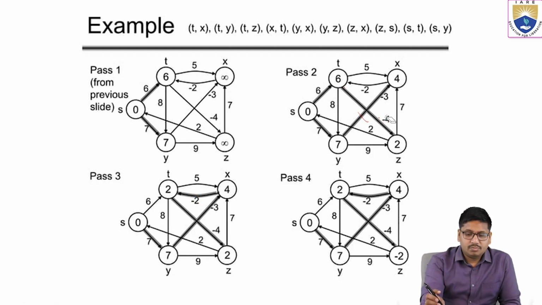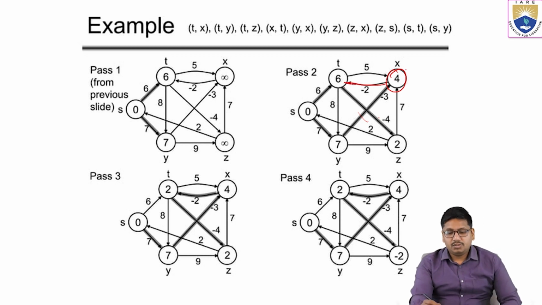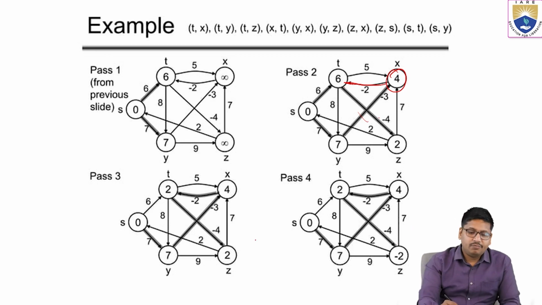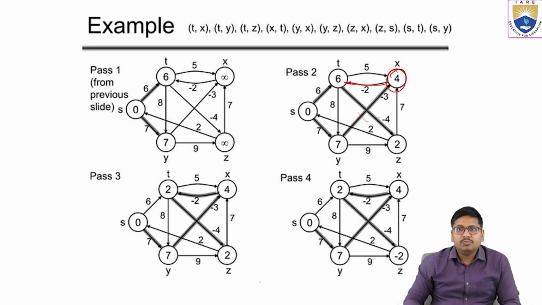Since minus 4 is the better one, I'm going to select this minus 4 next. And minus 2 is the next best one, so I'm going to select it. And from 4, it should be minus 3, that should be pass 4.